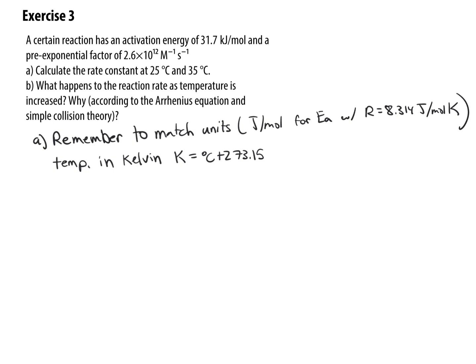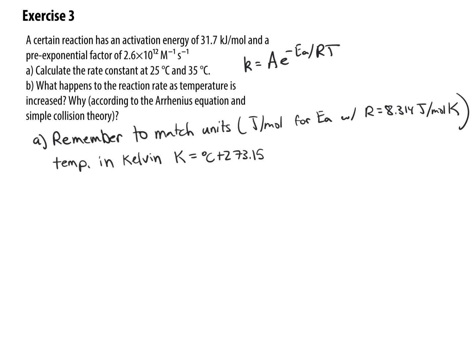Again, we have the Arrhenius equation, so the equation we're thinking about is that the rate constant K is A e to the negative EA over RT. The main thing we need to do is make all the units match here. So the first thing is that EA, to match the units on R, which is 8.314 joules per mole Kelvin, we need to get EA in joules per mole, in the same way that when we worked with nanometers, for example with wavelengths, we had to convert that to base SI units before plugging it in.